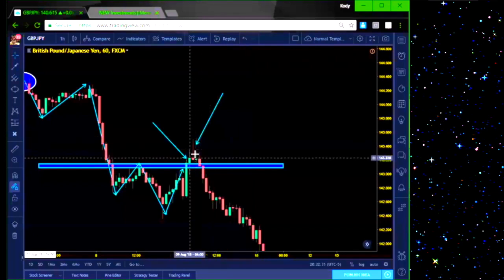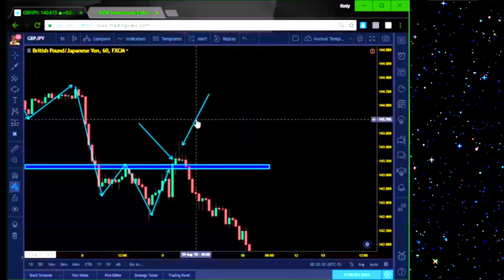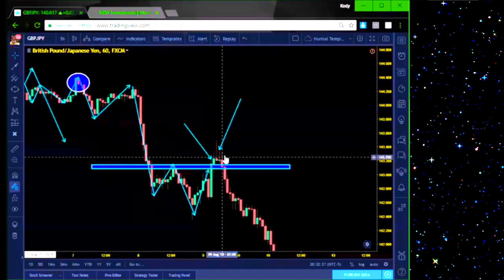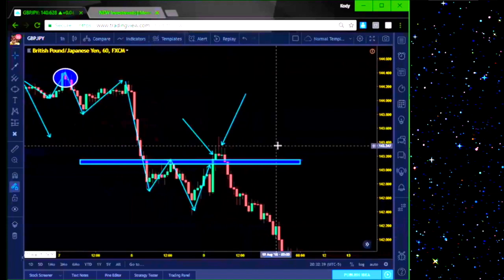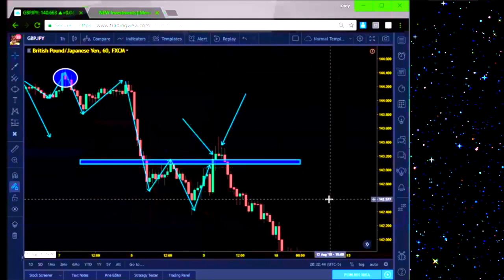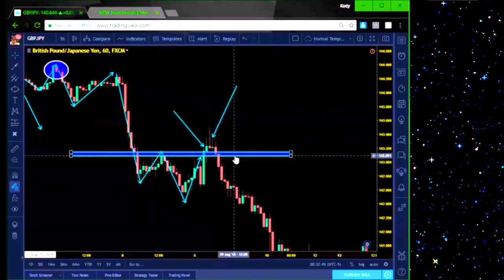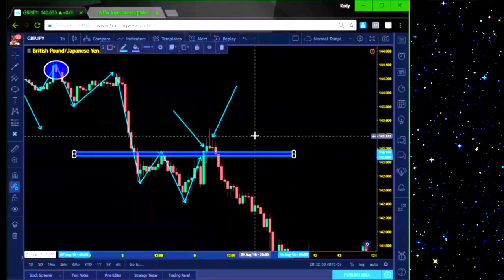And at this point, after seeing this candle, look at the next candle. The next candle doesn't really make me feel warm and comfy either. I'm really thinking, screw this. At this point, I need another reason to buy.